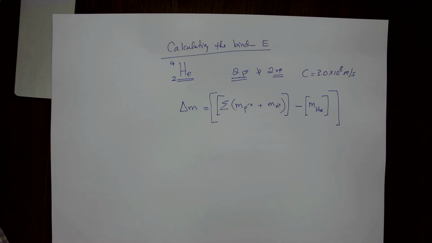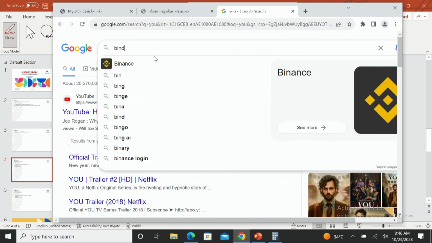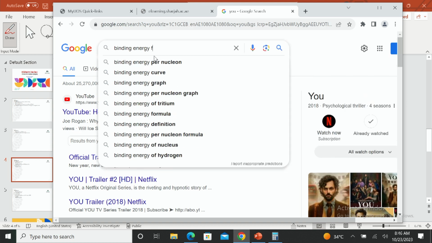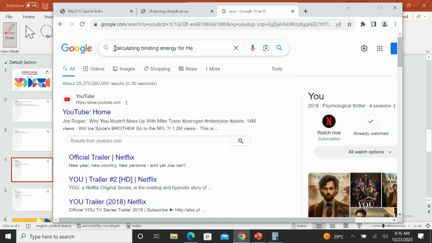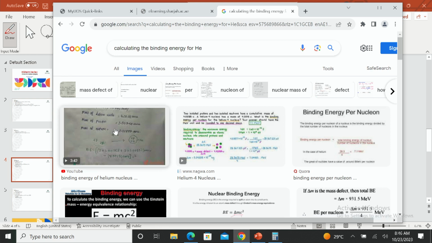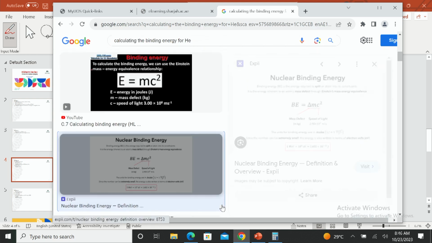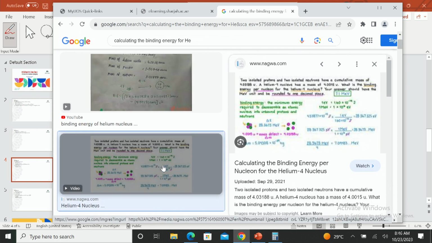I should have prepared these things beforehand, but it's okay. Calculating the binding energy for helium, you can do it using images, and you see the binding energy. I think this one will be good. No, this one will probably be okay.